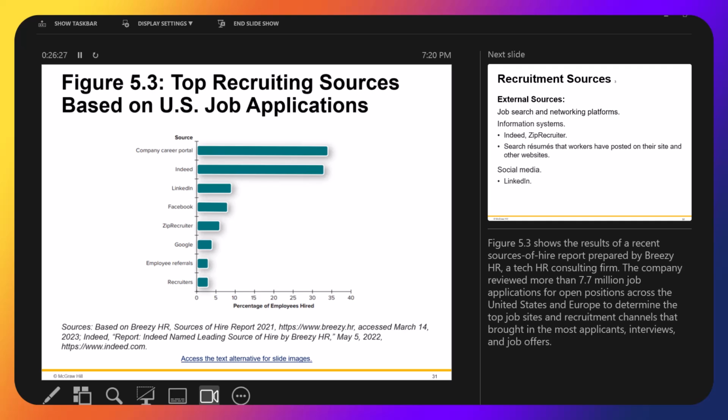Top recruiting sources based on U.S. job applicants: company career portal, Indeed, LinkedIn, Facebook, ZipRecruiter, Google, employee referrals, recruiters.